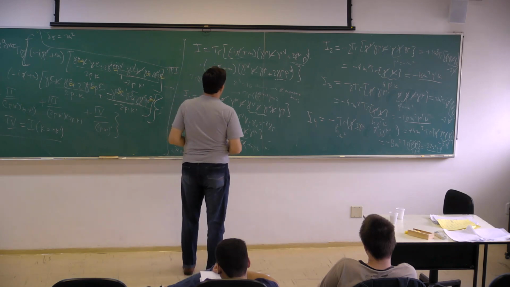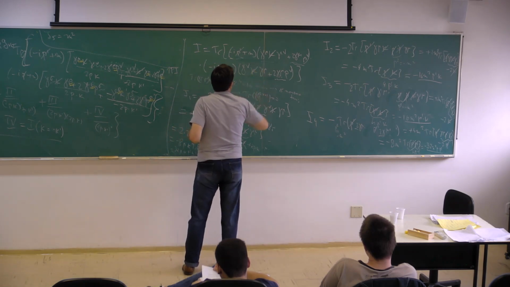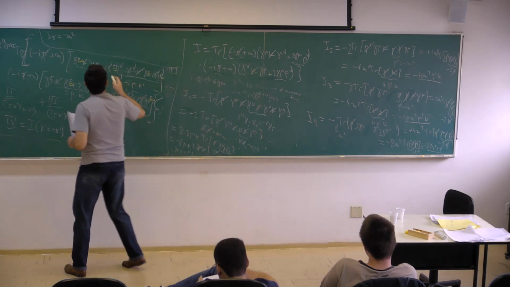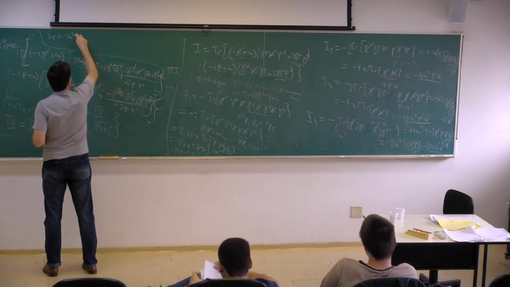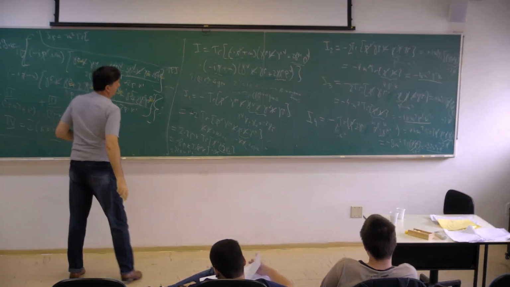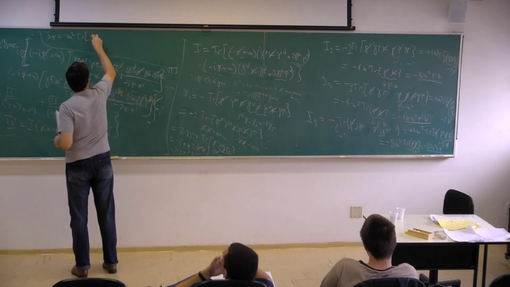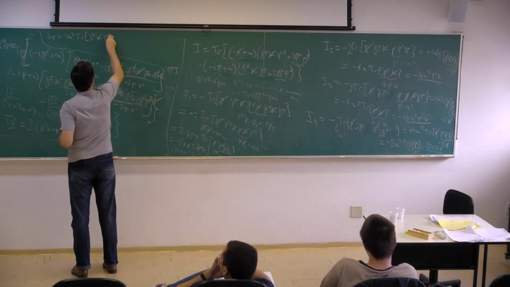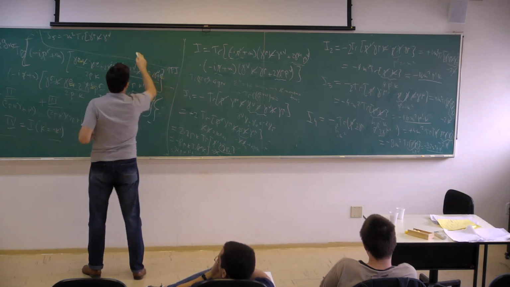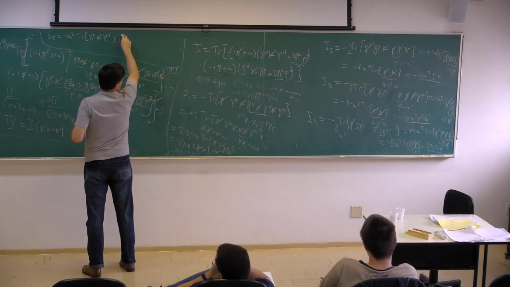And let's start with these two. So m squared trace of gamma mu k slash gamma mu gamma nu k slash gamma mu.